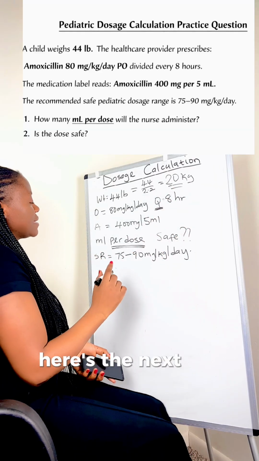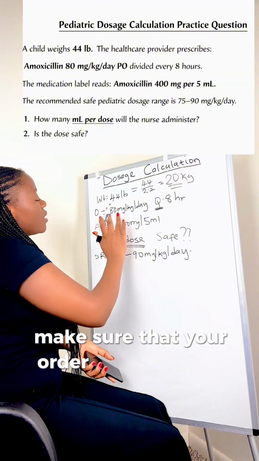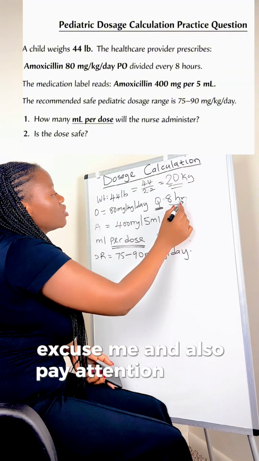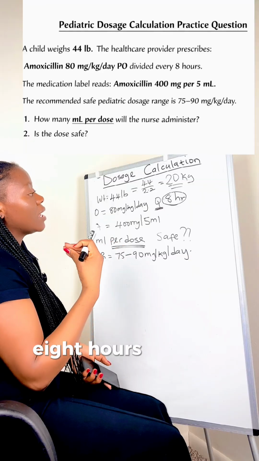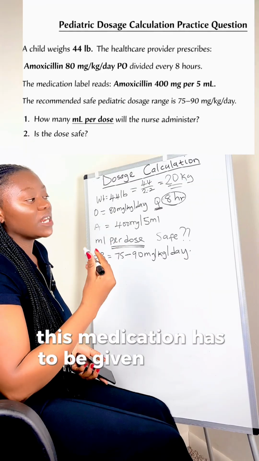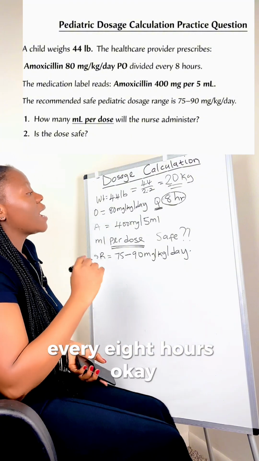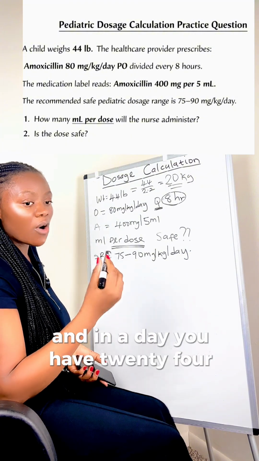Now, here's the next step. Make sure that your order is written out correctly. And also pay attention to these 8 hours. They told you this medication has to be given every 8 hours, okay? And in a day, you have 24 hours.